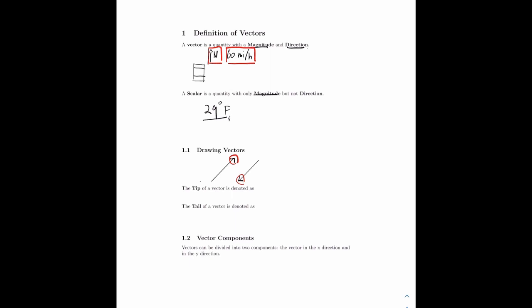When we look at these vectors, the tip of the vector is where these arrows are. These are called the tip of a vector. And the tail of a vector is the other part of the vector where it doesn't have an arrow. Those are called the tails of a vector, and the pointy things with the arrows are the tips of a vector.